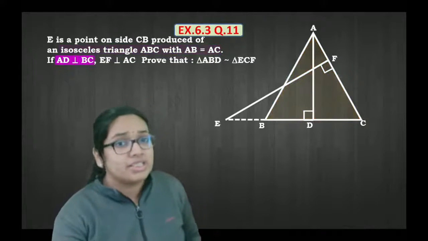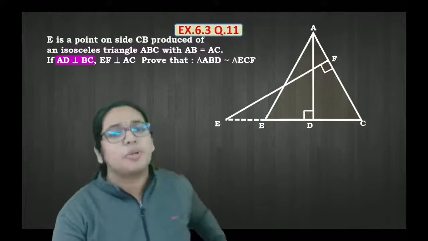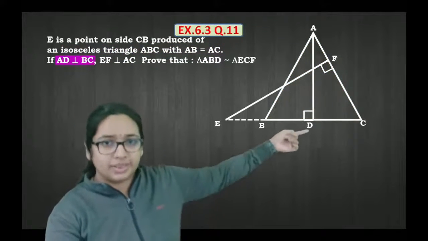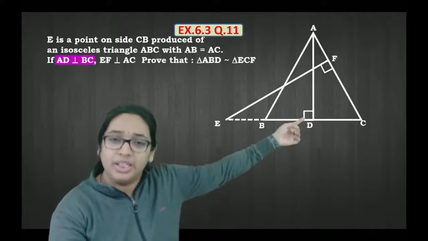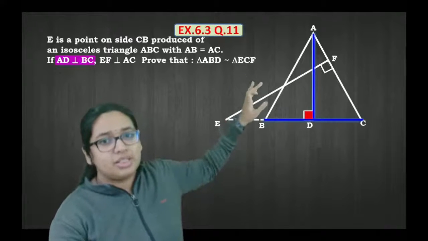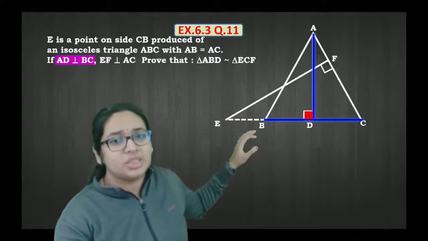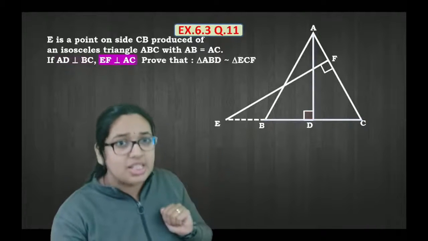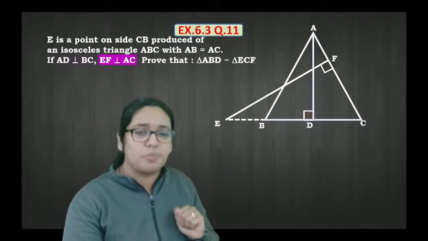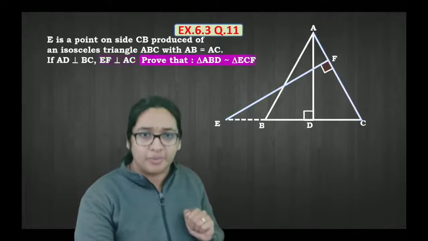Now what is the next case? AD is perpendicular to BC. Perpendicular is nothing but आपको 90 डिग्री मिलता है. Okay. Then similarly, जैसे AD is perpendicular to BC है, वैसे ही आपको एक और बात दी गई है, that is EF is perpendicular to AC.